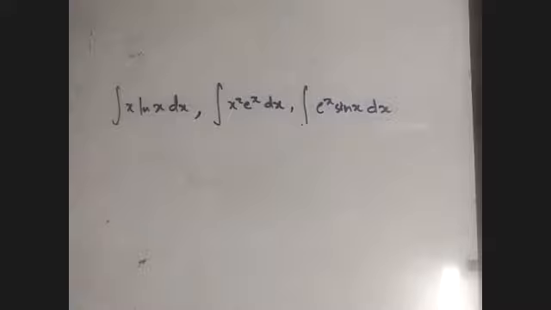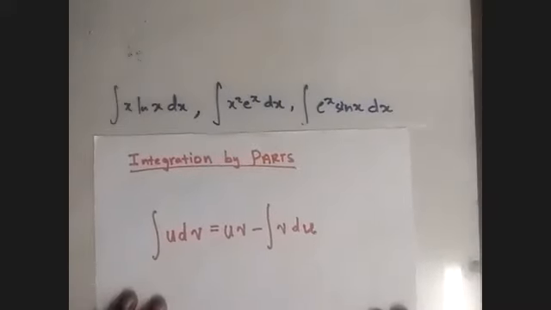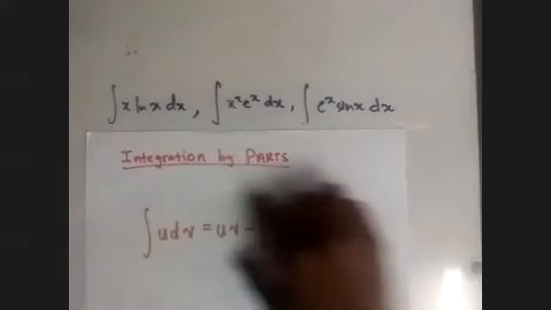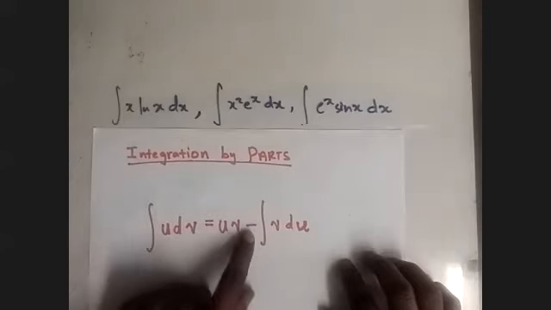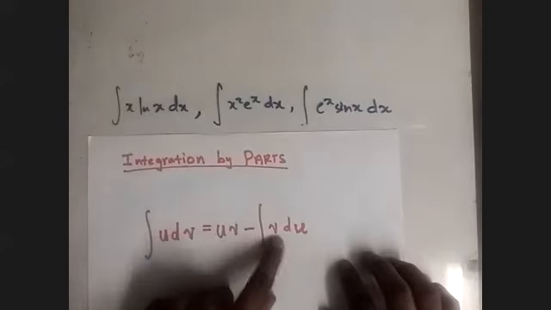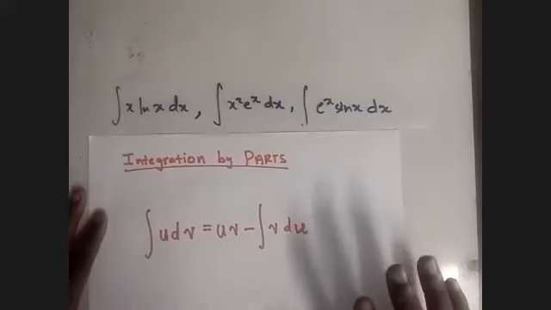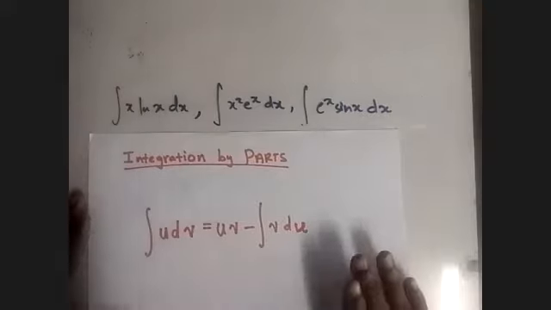Okay. In our previous session, we defined the integration by parts rule as the integral of u dv, which is equal to u times v minus the integral of v du. And we said that we always choose our u to be a terminating variable.